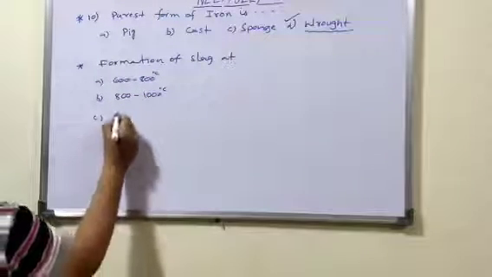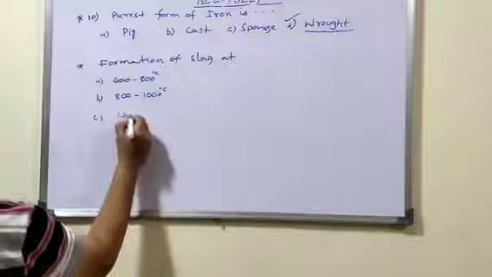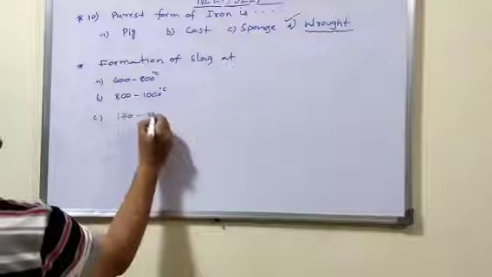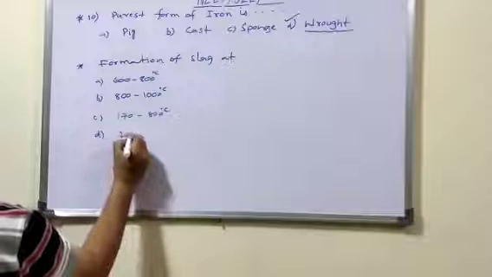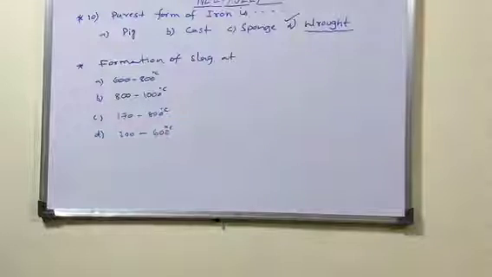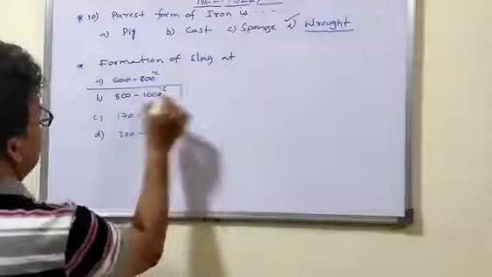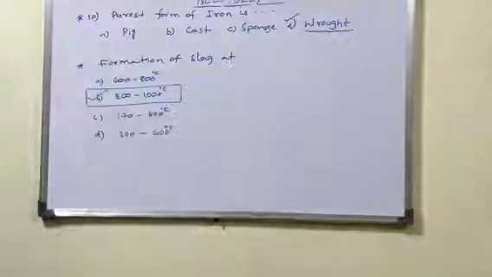Option C, 1700 to 800 degrees Celsius. Next, 200 to 600 degrees Celsius. In iron extraction, that is in the blast furnace, formation of slag at. This is one theoretical question. You have to remember: between 800 to 1000 degrees Celsius slag is going to be formed.